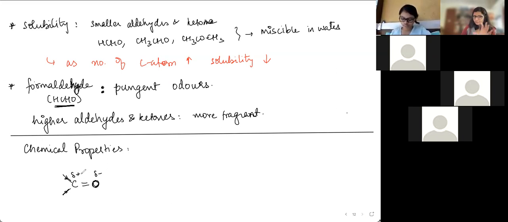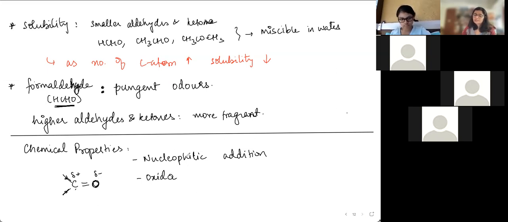So nucleophilic addition is directly related to it. The nucleophile is added to the carbon. So that's nucleophilic addition. Oxidation and reduction are like normal, you are aware of these.